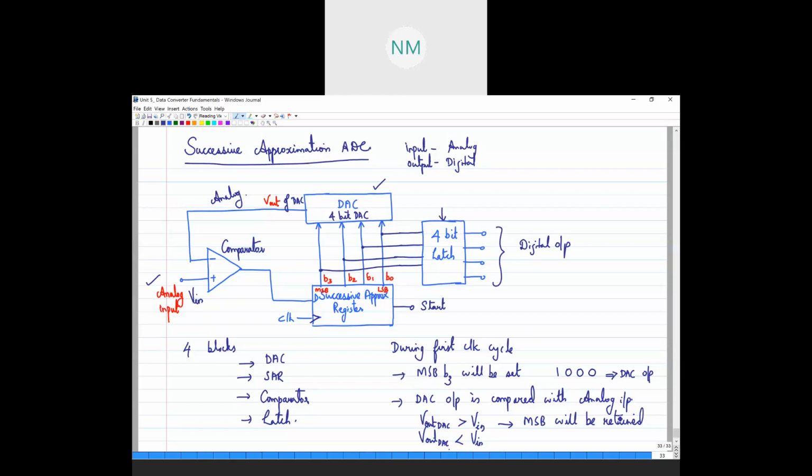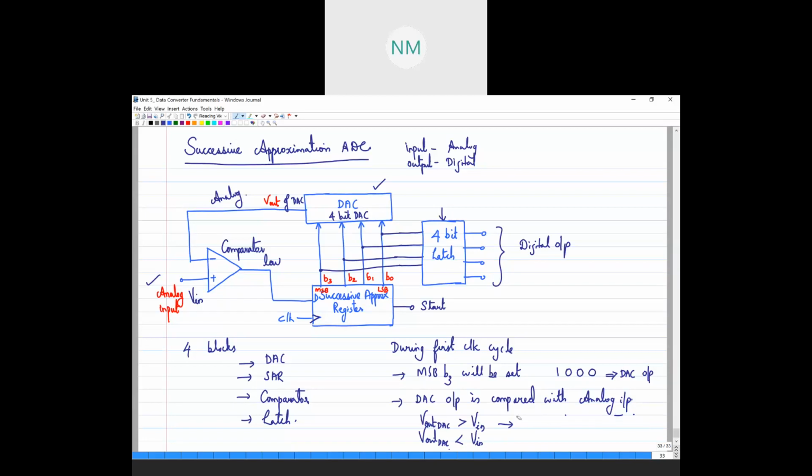Now let me write the DAC comparator output here. If your DAC output is greater than the analog input, what will be the output of the comparator? Comparator output will be low, right? Because the negative terminal has a high voltage, so the comparator will have a low. There is a small clarification here.